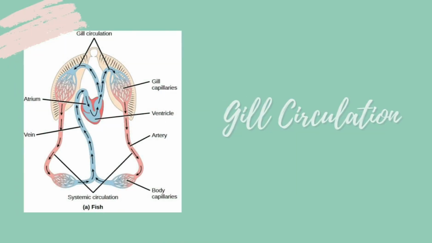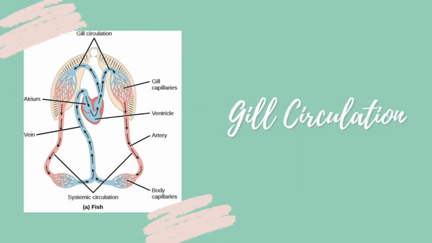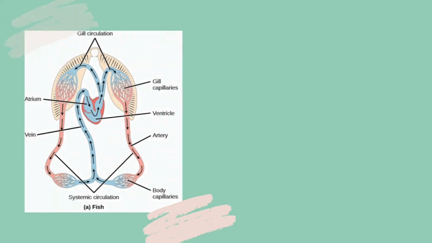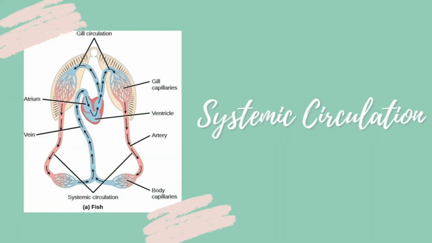This is called gill circulation. The blood then continues through the rest of the body before arriving back at the atrium, which is called systemic circulation. In short, the blood flows unidirectionally from the two-chambered heart through the gills and then the rest of the body.